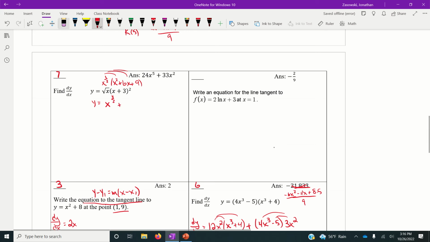This is 5/2, not 3/2. So it's 2.5. So this is x to the 5/2. Okay, 1 plus 1/2 is 1.5. So 6x to the 3/2, and then plus 9x to the 1/2.